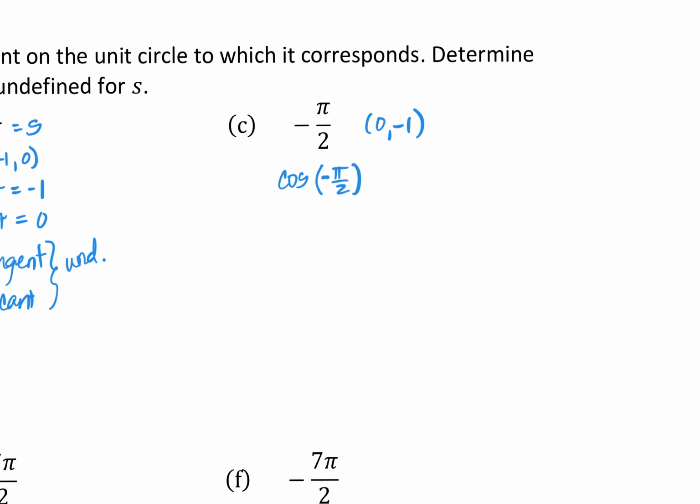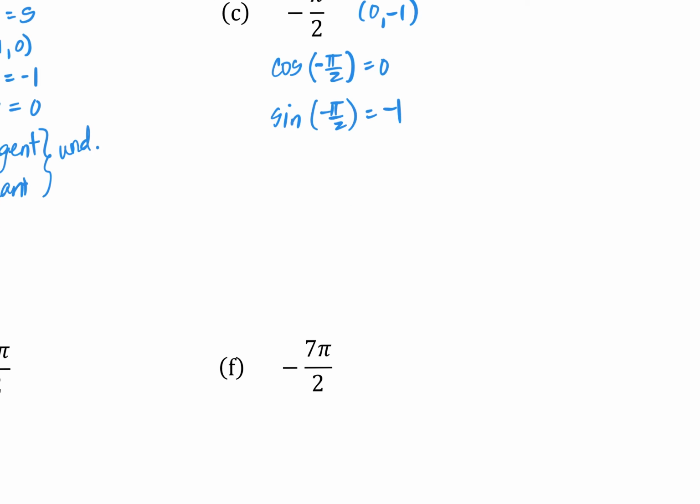So cosine of negative pi over 2 is going to be equal to 0. Sine of negative pi over 2 is going to be equal to the y value of -1. And in this case, since it's the x value that is 0, tangent is y over x, secant is 1 over x. So those two functions would be undefined. Or you could write DNE.